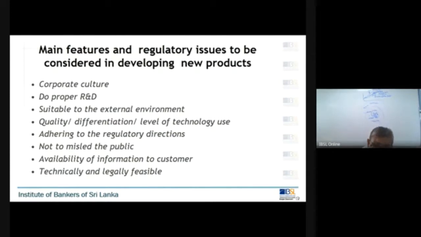So we need new products, but new products must be appealing to the customers.